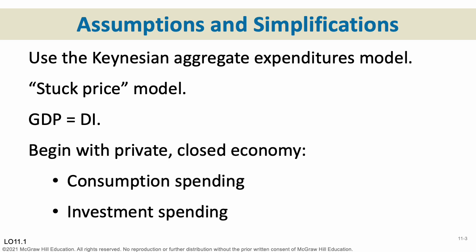In this case, with no government or foreign trade, GDP, national income, personal income, and disposable income all are the same. Now the reason he came up with this model was to try to explain why recessions were acting different than they should on paper, and that has to do with the fact that consumer prices, for the most part, are very sticky or don't rapidly change to shocks.